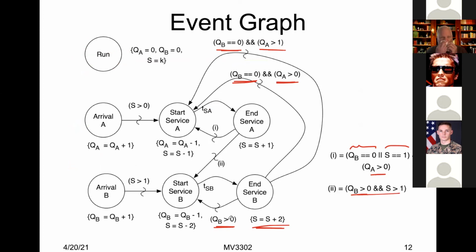But if S was just greater than 0, arrival B could go to start service A. Under start service A, if start service A could take in customers A and B, could you put an if statement under start service A to determine if a customer A or B is currently in service at that position?